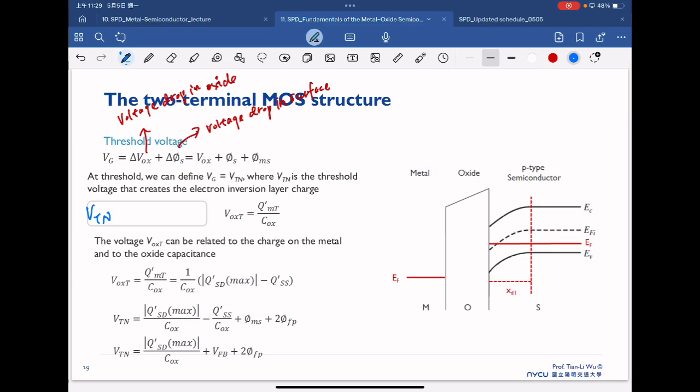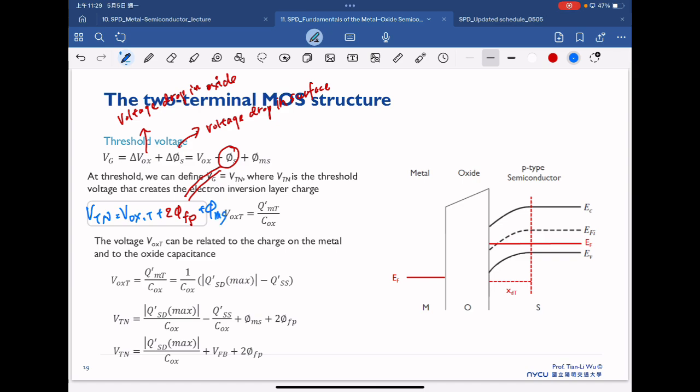That will be equal to V_ox,T plus the phi_s, which now becomes 2 phi_fp, which we already mentioned. This is our threshold condition that phi_s becomes 2 phi_fp, and then we have phi_ms here.